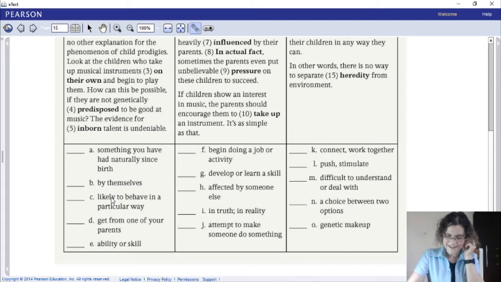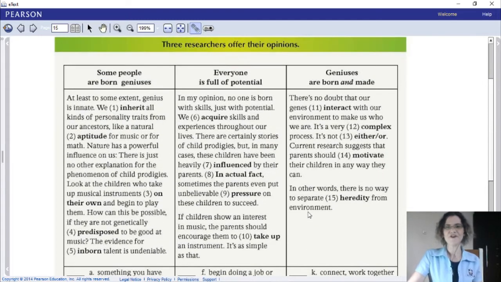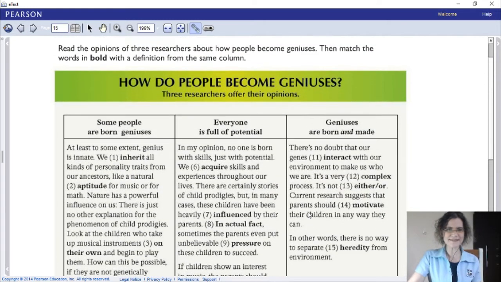D, yeah. Get from one of your parents. So you would write number 1 right here. Then you continue here, and then you do the last column. Okay, pause your video to read this and figure out which word belongs to what definition as a review of vocabulary. Go ahead.